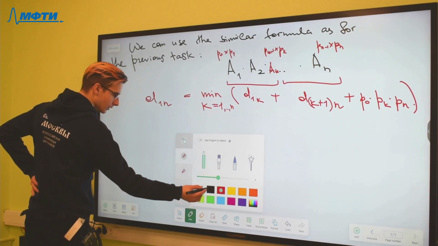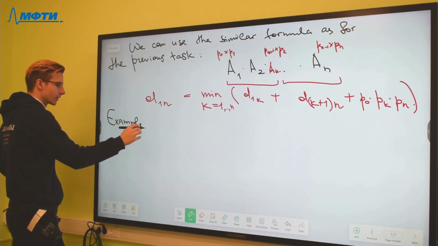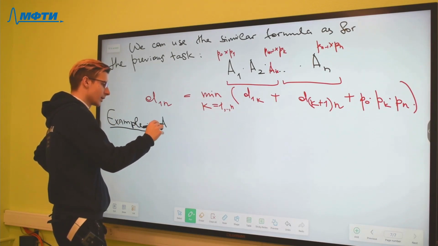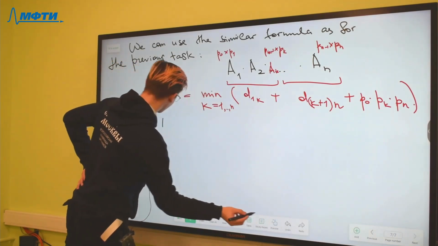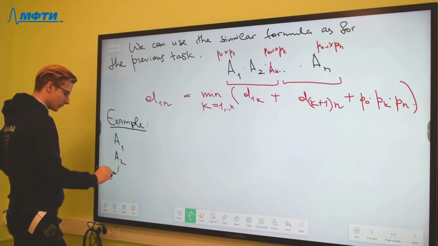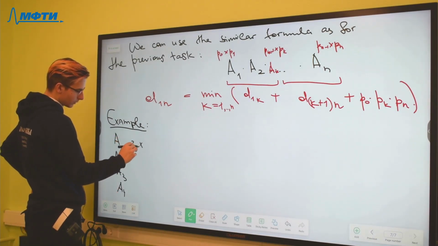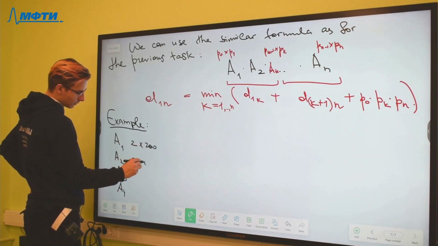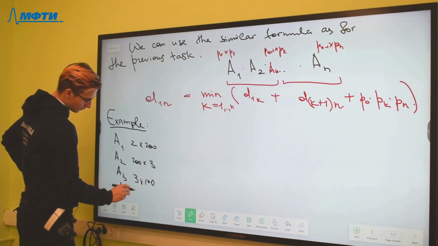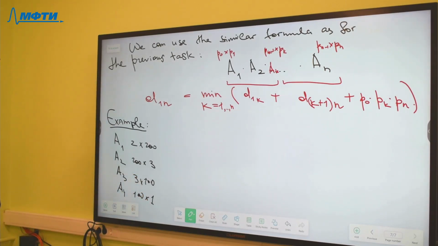As the example for the working of this formula, for example, if we have matrices A1, A2, A3, A4, with, for example, these sizes.